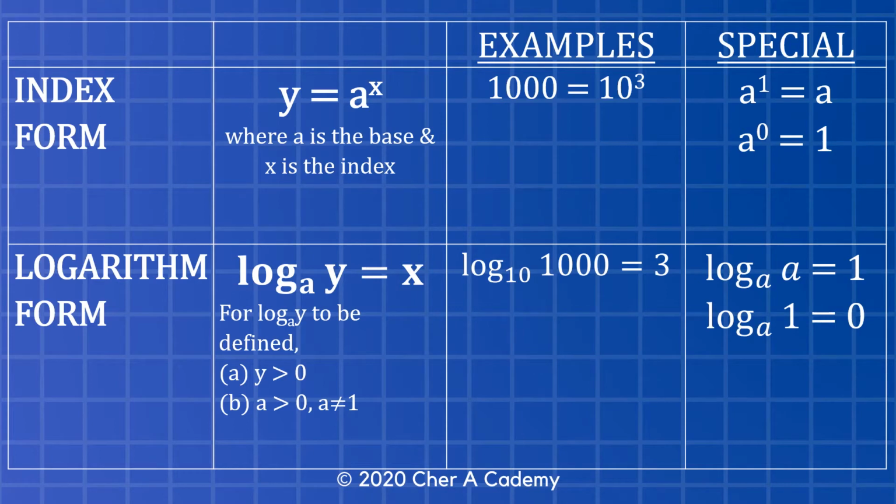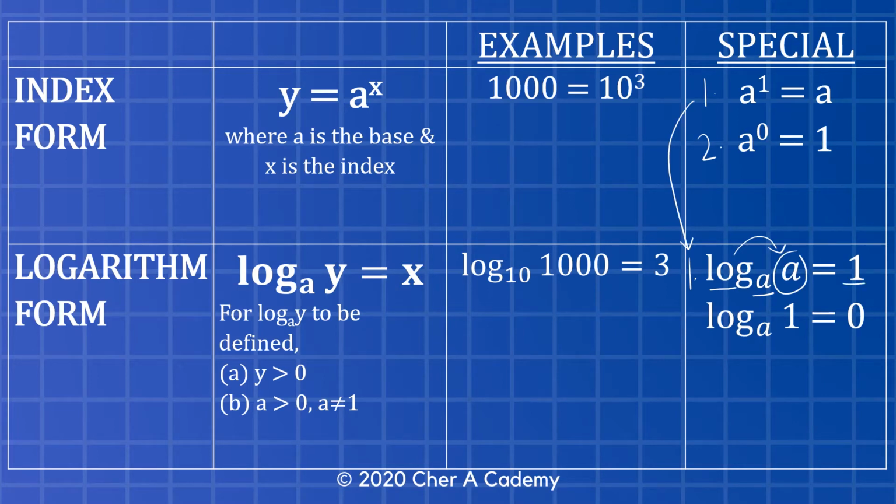Earlier on we saw two special index forms, number 1 here and number 2 here. If I convert number 1 to log form, it will look like this: log base a, and I'm logging the a, the same number, equals 1.